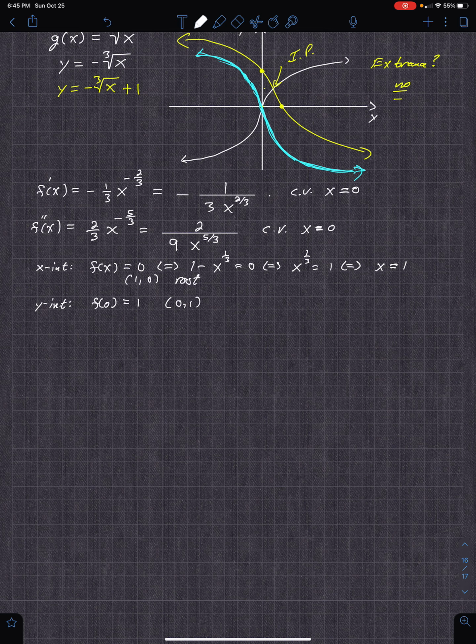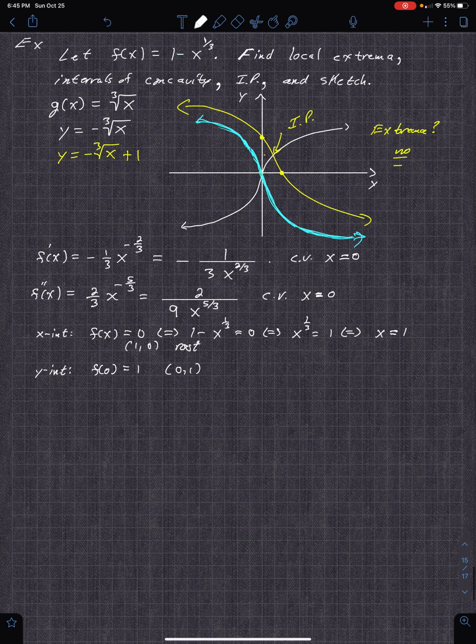Okay, so let's analyze this a little bit using our derivative. When you have this square here, then you know it's positive. And so we can just argue that f prime is always negative. No matter what you put into the function here, you're going to end up squaring it, which makes it positive. But you already have a negative hanging out.